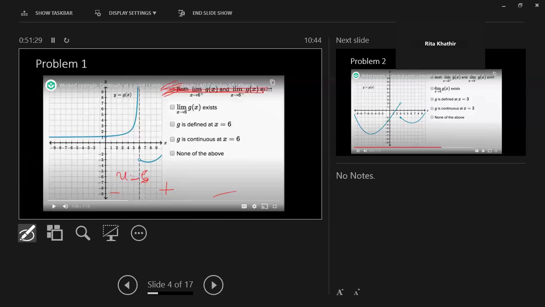Look to the statement number 2. Limit x approaches 6 of g of x exists or not exist? Why? Remember this. The limit only exists when the left and right hand limits exist.